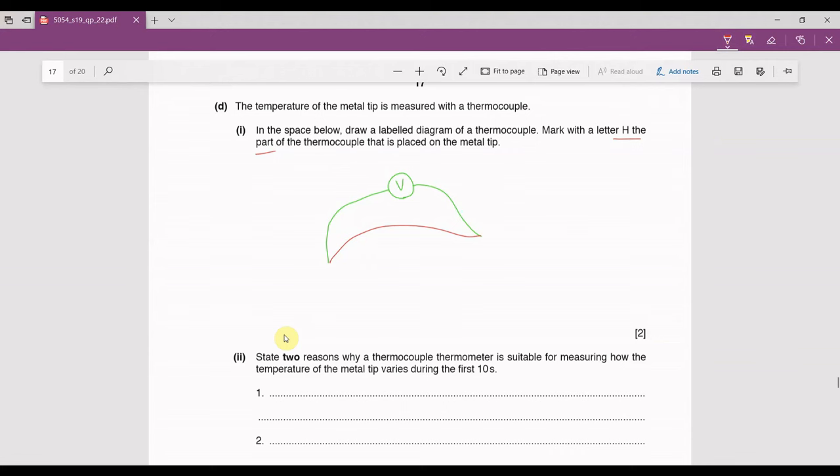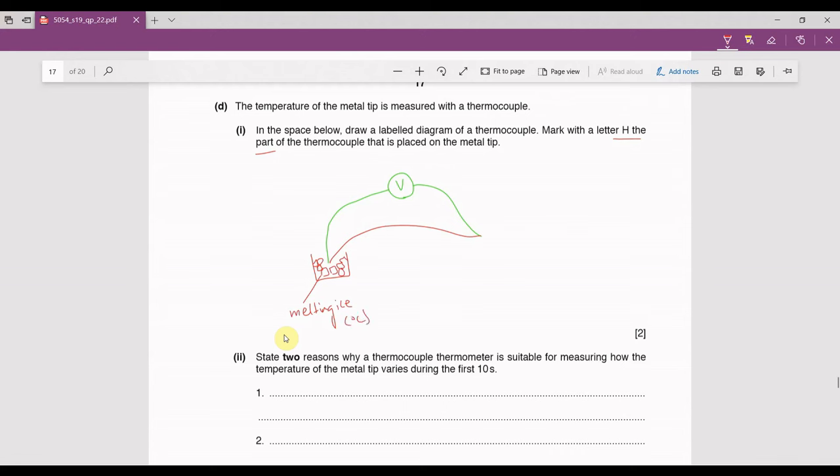So one of the junctions needs to be in melting ice. Why? Because you want one of the junctions to be cold at 0 degrees Celsius. And why 0?